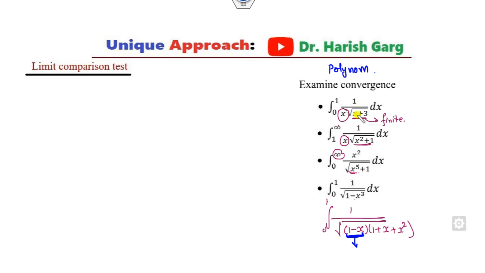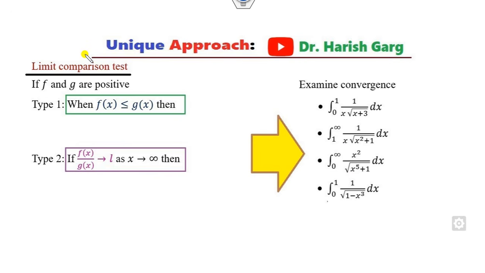Now whenever there is a polynomial but it consists of more than one term, always apply the limit comparison test. There are two things. First one is, if you take f is less than g, if this g is convergent, then f is convergent. Remember, it's a very important tip for you.